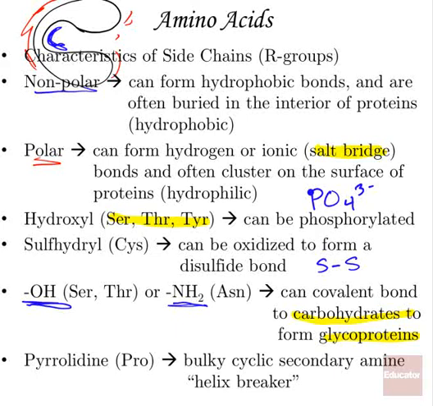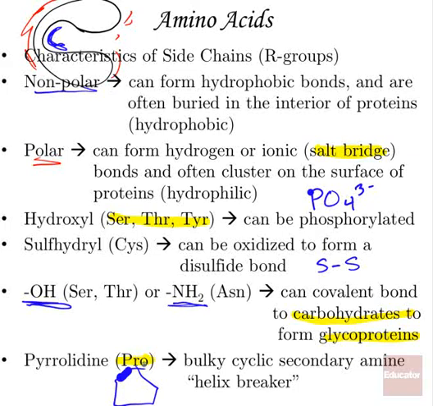And finally, we have proline having what's called a pyrrolidine structure. And that is this big hunk of a secondary amine. Okay, so it has a structure, in the fact that it's not an open chain.